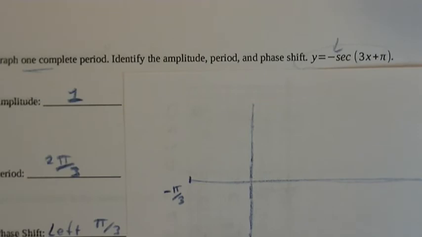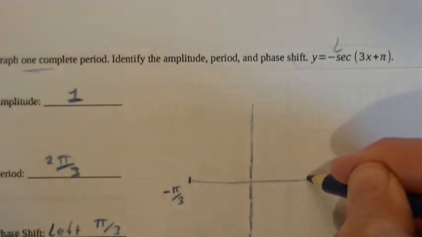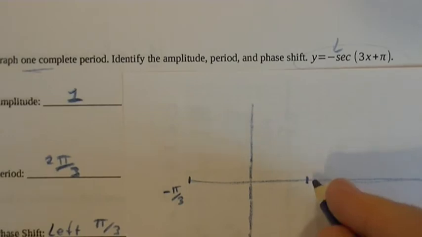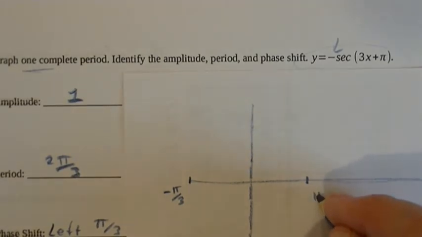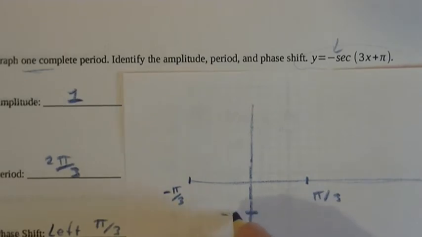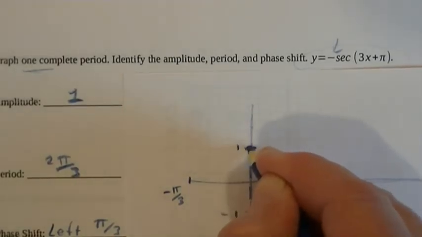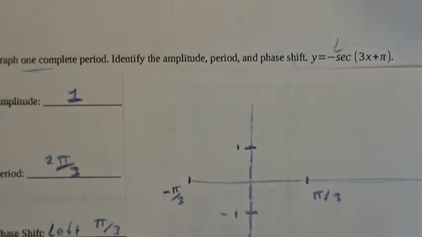Anybody that says different is just itching for a fight. And then we actually go all the way to pi over 3, so I'm going to go an equal distance over here. And this is going to be pi over 3. I'm also going to make equal distance here for my amplitude. I'm just going to call that 1 and -1.